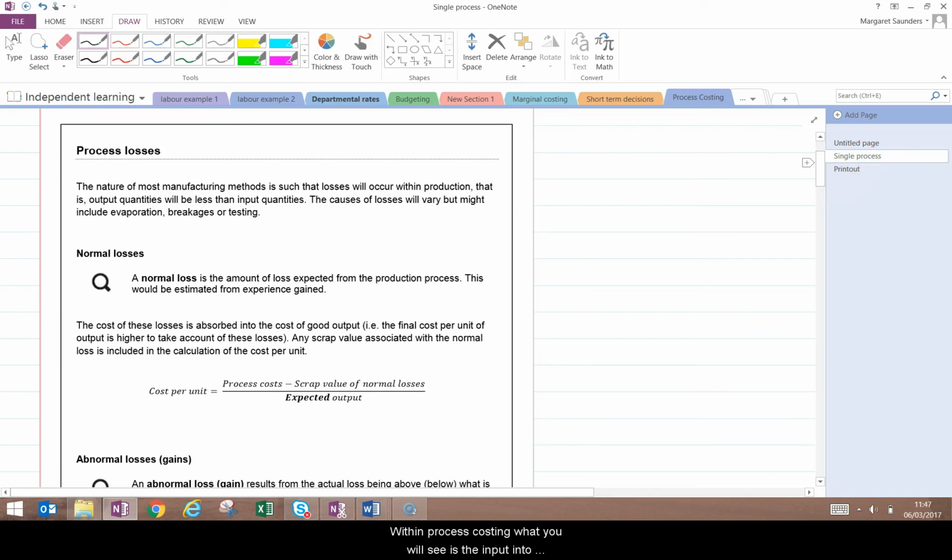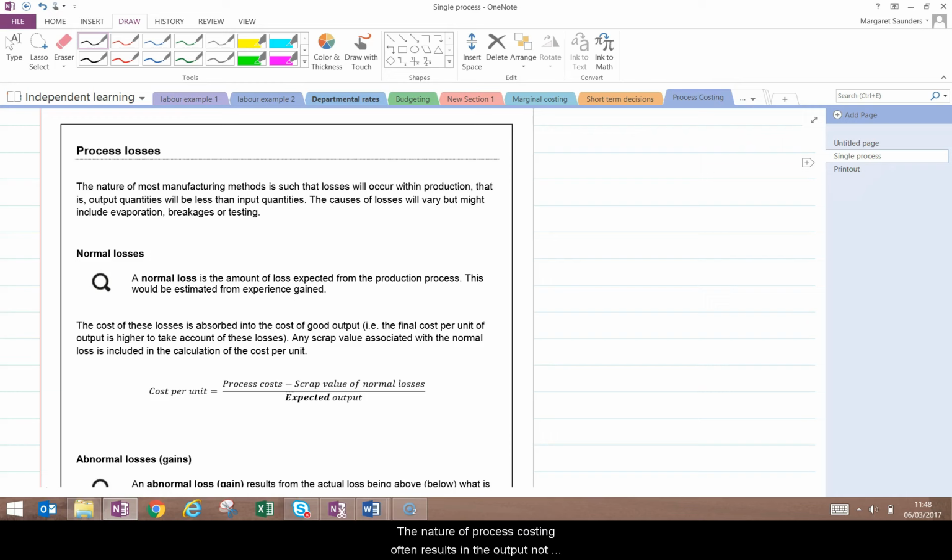Now within process costing, what you will see is the input into the process, which will be the materials, the labour and the overheads, and then the output from the process will be your finished items. In addition to that, you will come across normal losses and abnormal gains.